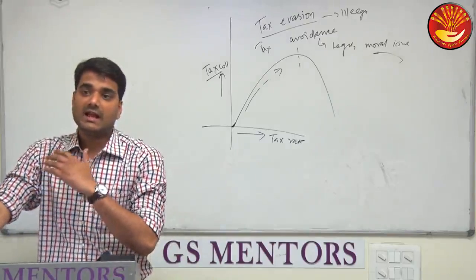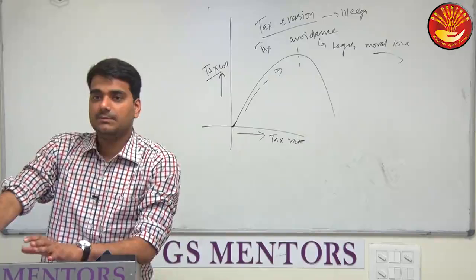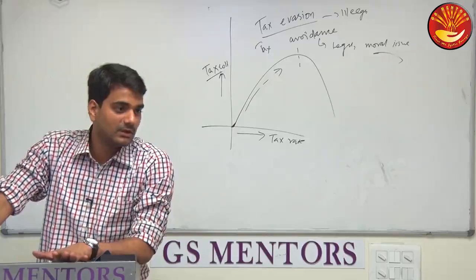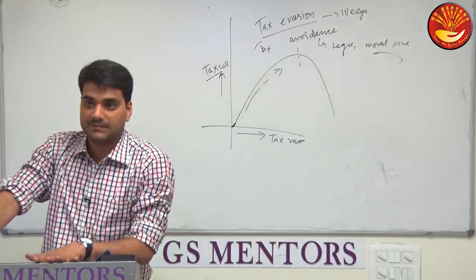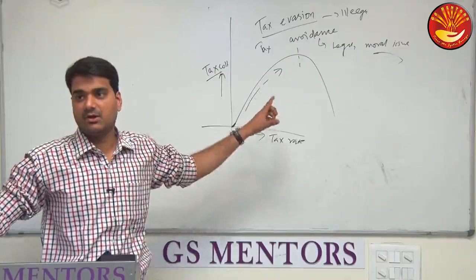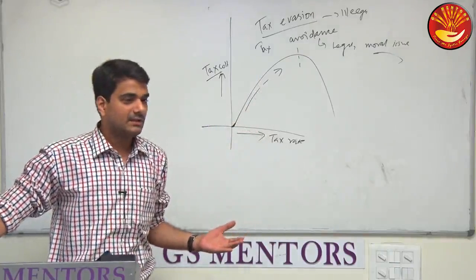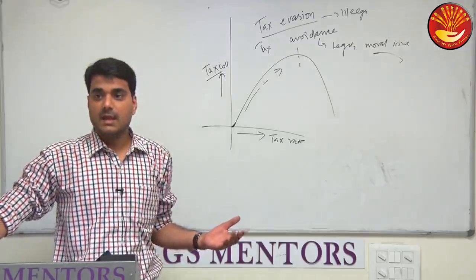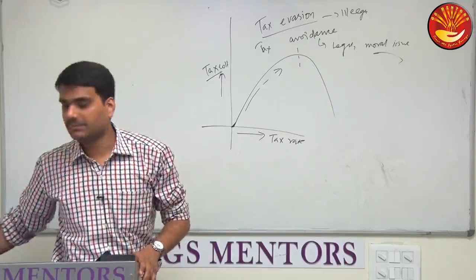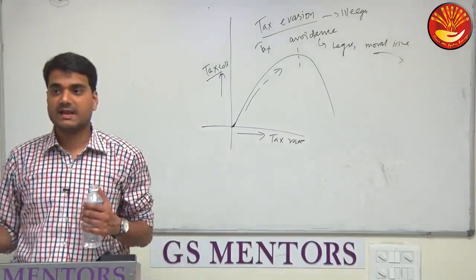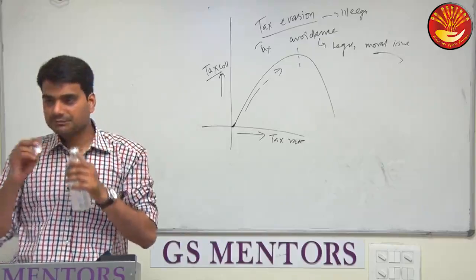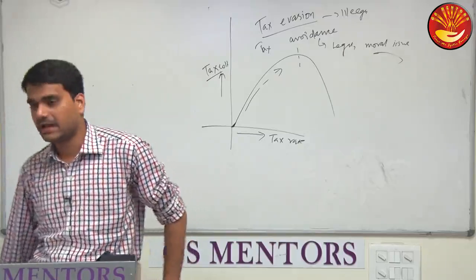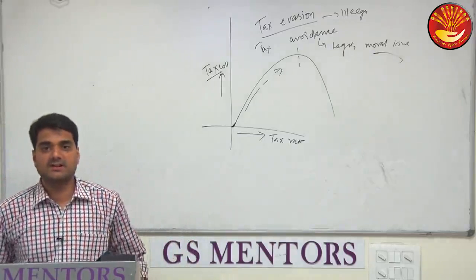Now suppose a firm doesn't have any proper R&D setup and is running its R&D department solely for the purpose of reducing its tax burden, then it cannot be said to be tax evasion, because the government has itself permitted that the money spent in R&D activities can be used to save tax. But doing something solely for the purpose of saving tax, that can be termed as tax evasion. Sorry, tax avoidance.